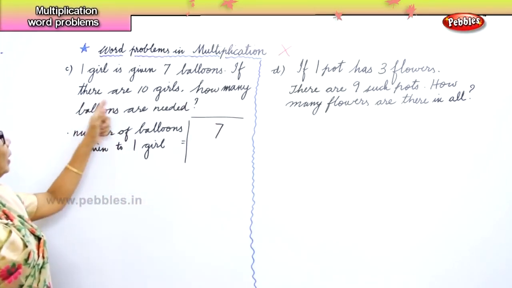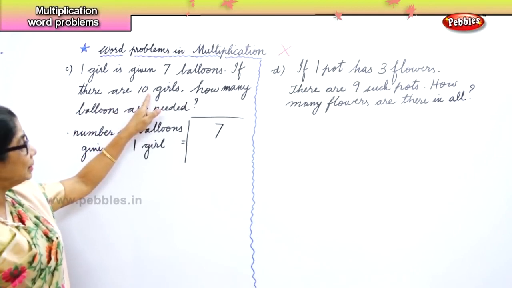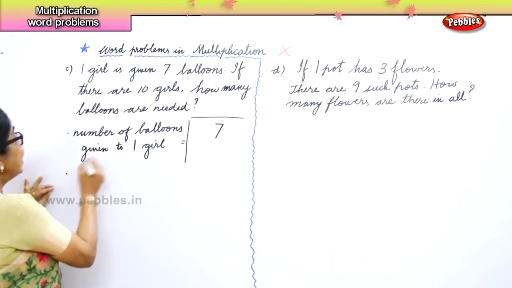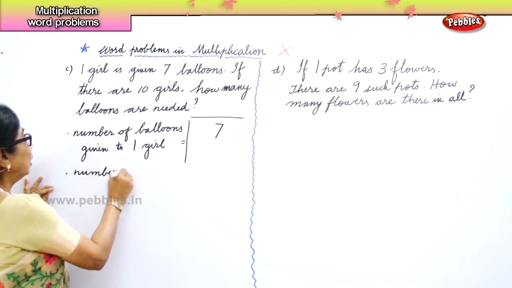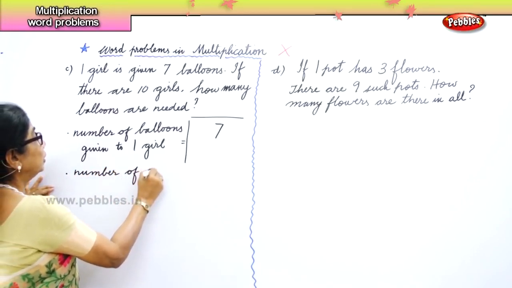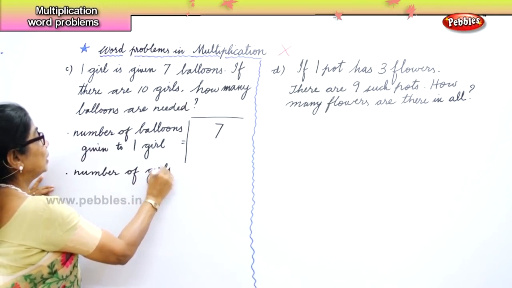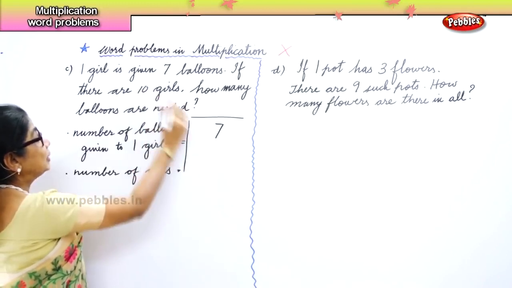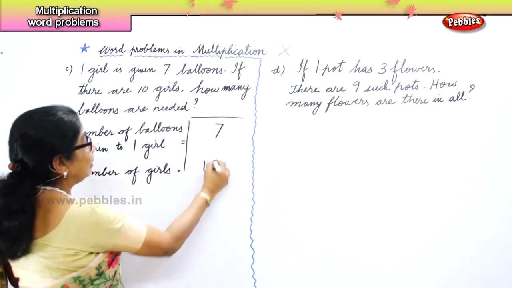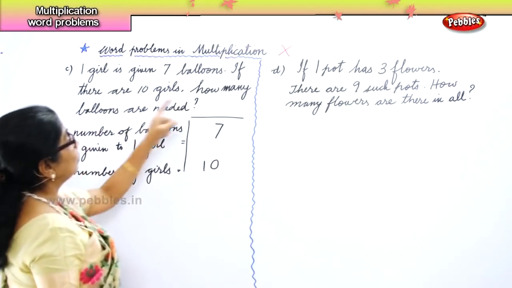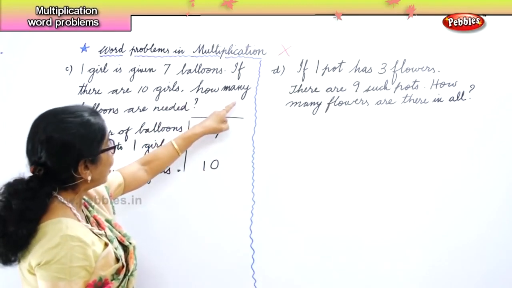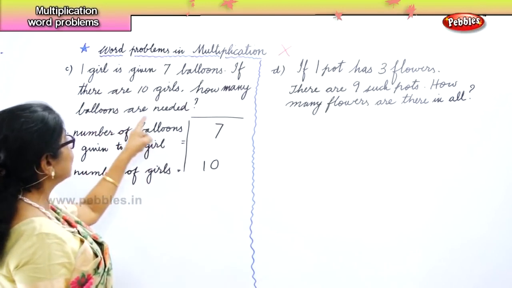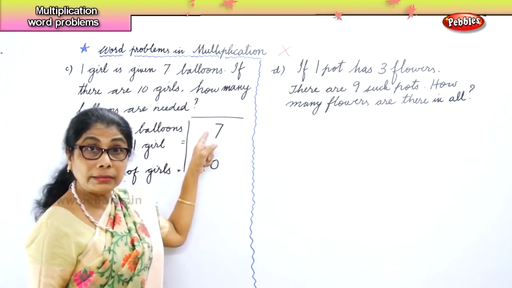Next one. How many girls are there? 10. So next is number of girls. What is the number of girls? 10. There are 10 girls. What are we asked to find out? How many balloons are needed? One girl gets 7.